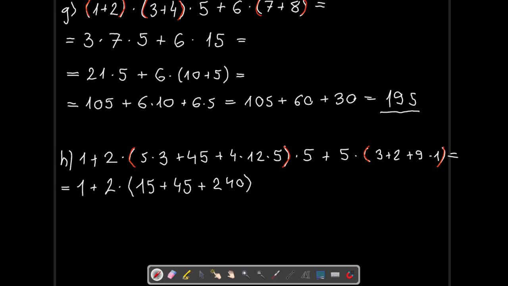We could also multiply 5 and 4 first, giving us 20, and then multiply 12 by 2, which is 240. Okay.